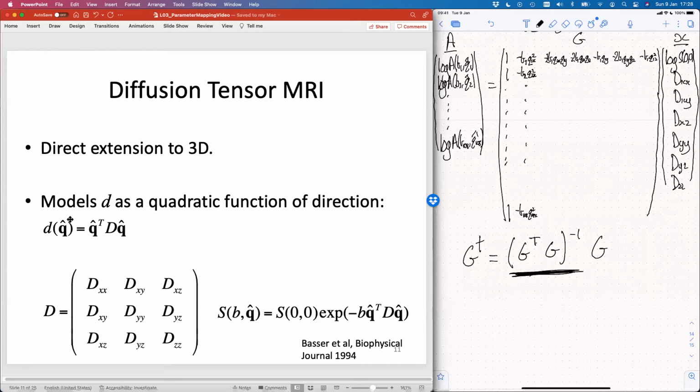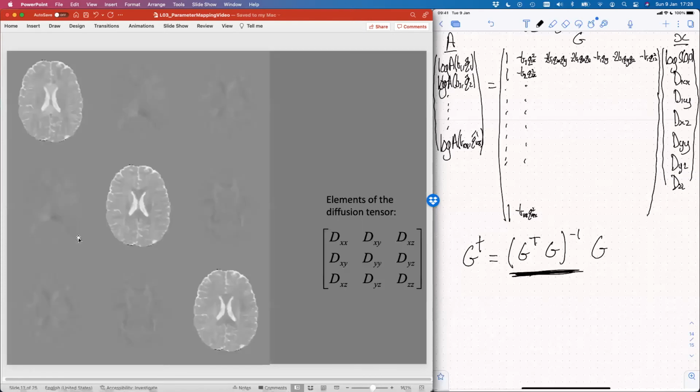And that has to be true because it makes no physical sense for the diffusivity to be negative. And so only with a positive definite D can we ensure that every diffusivity comes out positive. So D has to be positive definite.